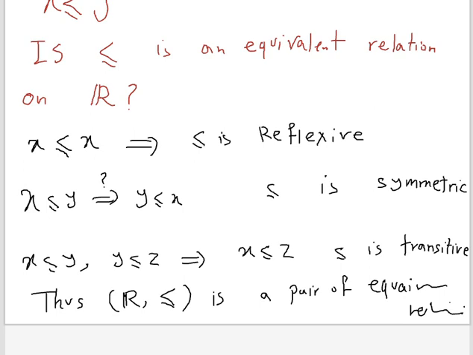What about x less than or equal to y? Is this relation an equivalence relation on R? I check it. First of all, x is less than or equal to itself, so it is reflexive.